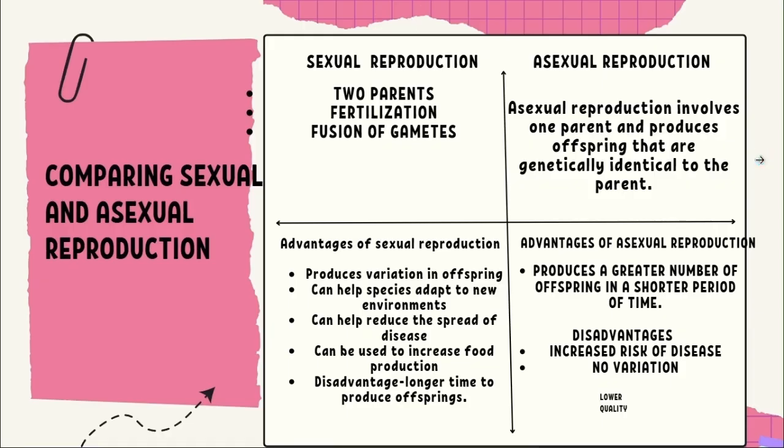Okay, so let us compare them more in depth. You have sexual reproduction and asexual reproduction. What we want to see are both the advantages and the disadvantages of each type of reproduction. In sexual reproduction, obviously we said before that it involves 2 parents, fusion of gametes, fertilization, all that stuff is going to happen.